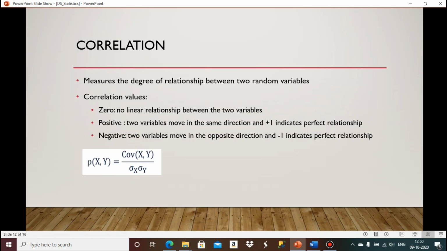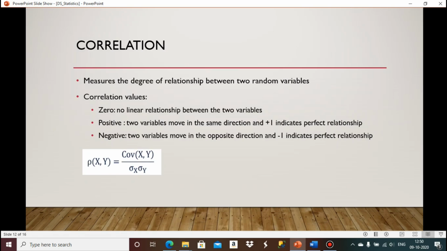When it is positive, that means the two variables move in the same direction. The value ranges from something more than 0 up to +1. When it reaches +1, it is a perfect relationship. If the value is 0.1, 0.2, 0.3, 0.4, 0.5, that means there is some relationship, but it is not perfect.